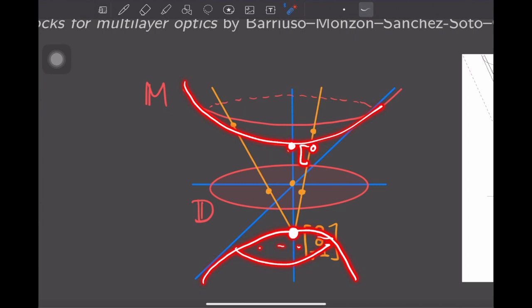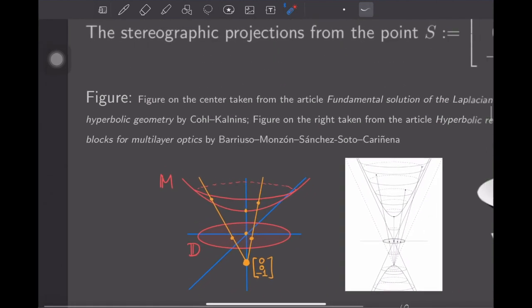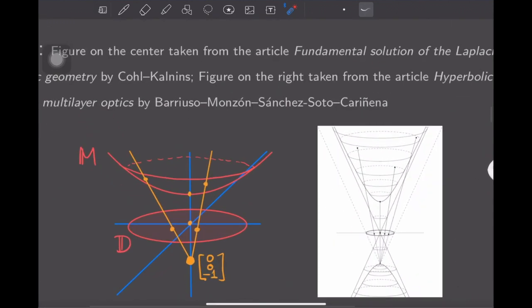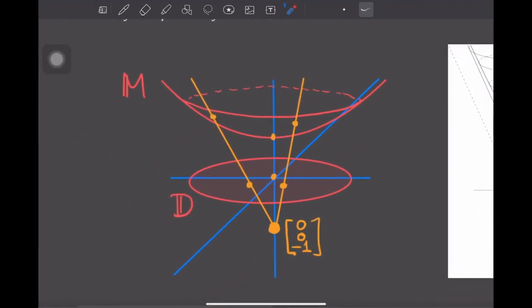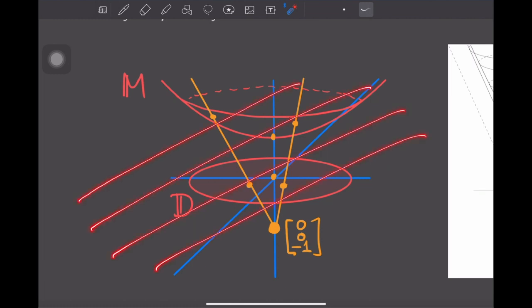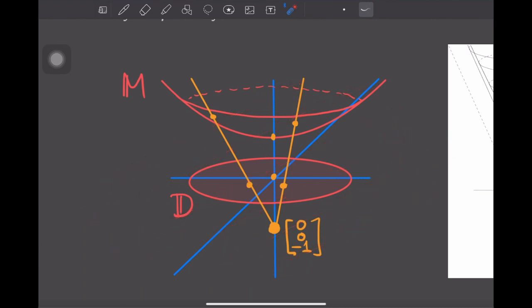This is 0, 0, 1. I'm still tempted to call this the north pole, and this the south pole, except that now the north pole lies to the south of the whole thing, but okay. Anyway, that's why I denote it by S. I'm going to place the complex plane as the XY plane sitting at height 0 in R3, and I'm going to project from the south pole.